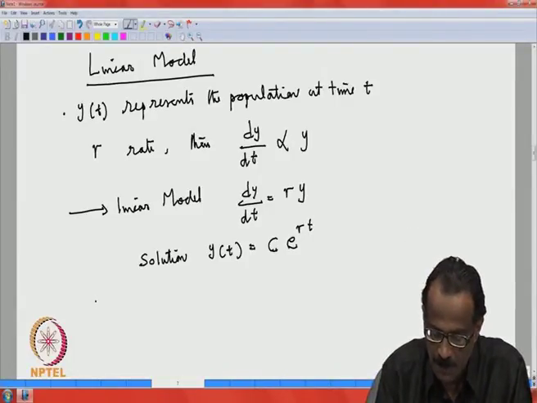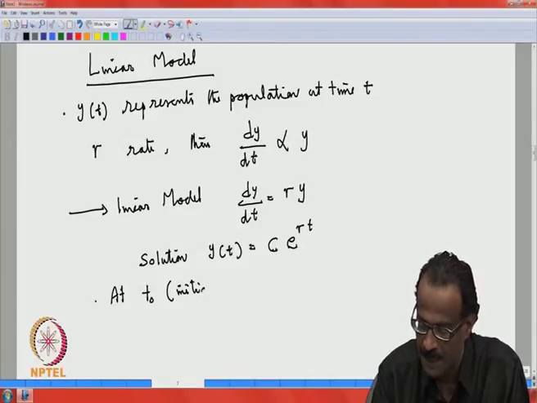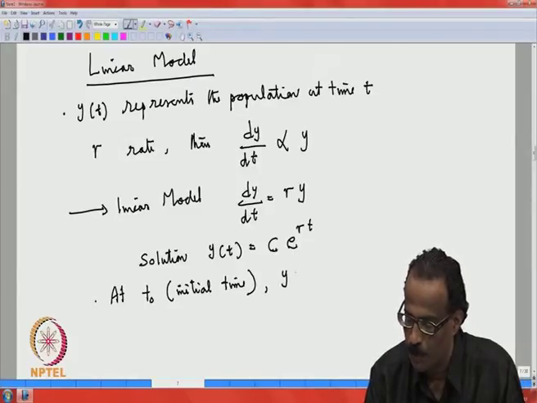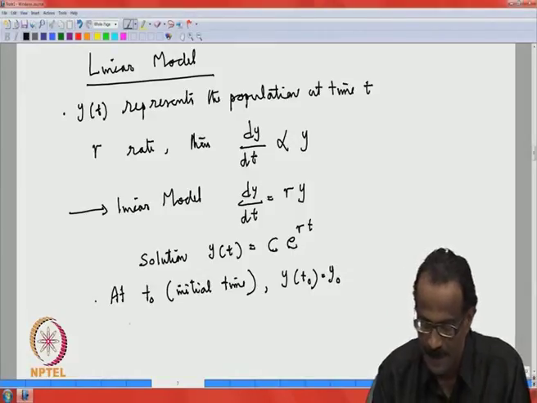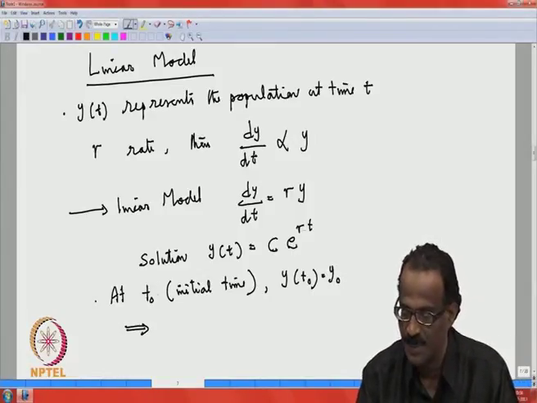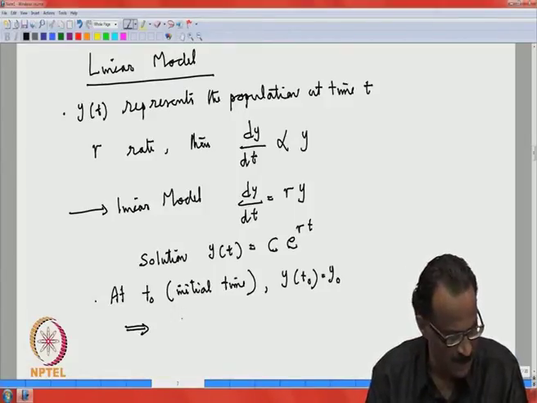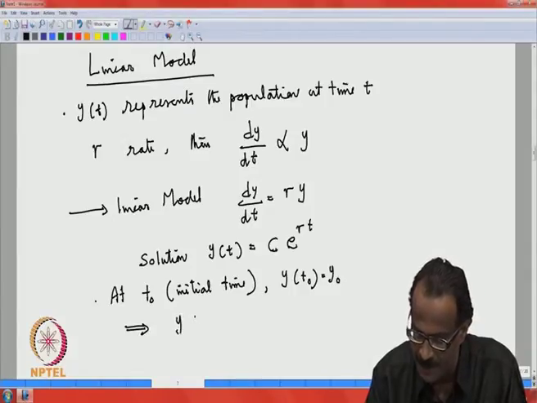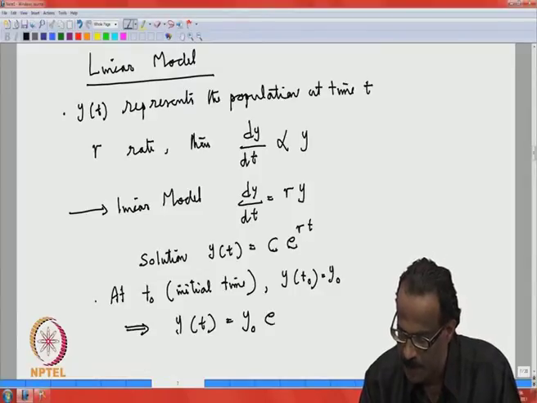So, if at t naught, your initial time, wherever you can put your initial time, you know the population, suppose the population y(t naught) is equal to y naught, then if you substitute at t naught you will get y naught. So your population y(t) will be y naught e to the power r into (t minus t naught).